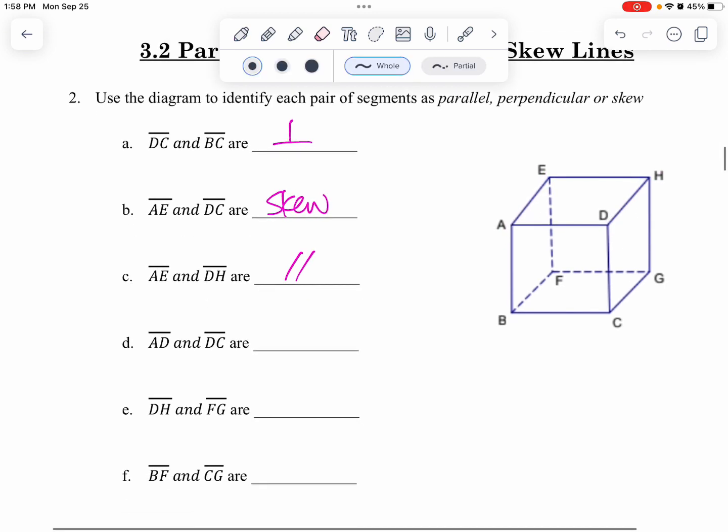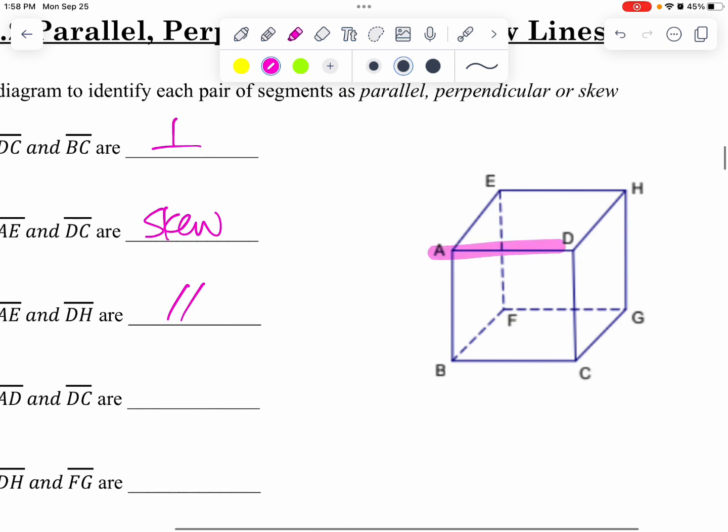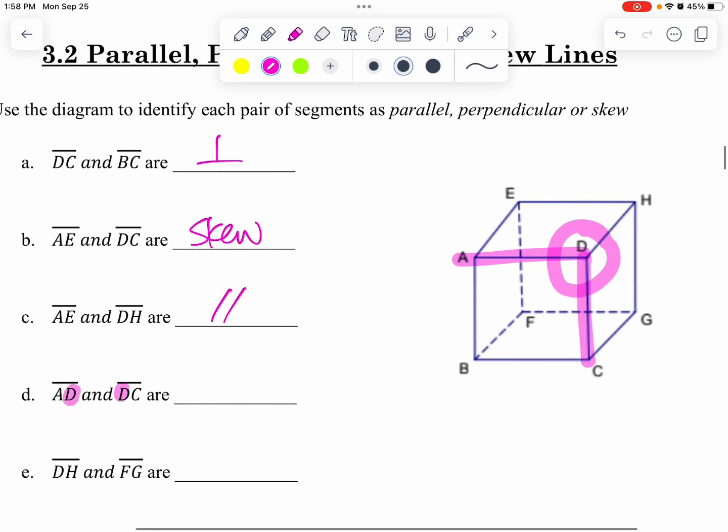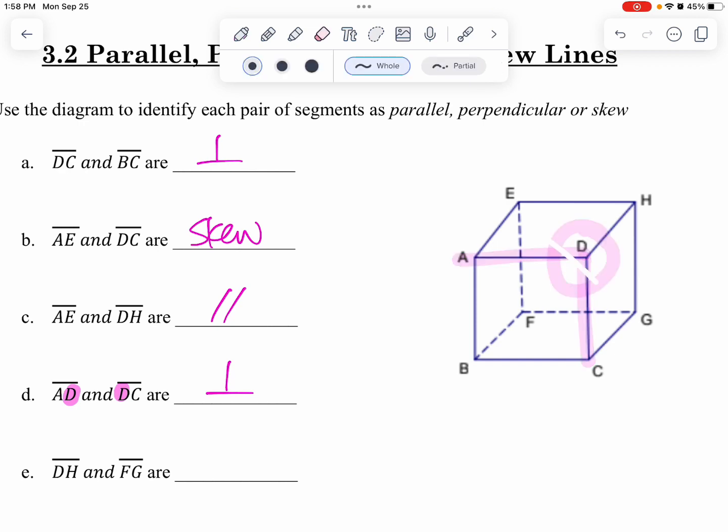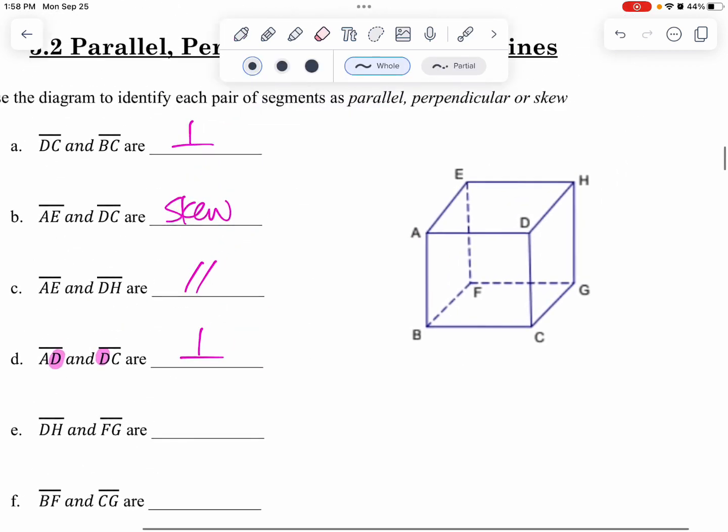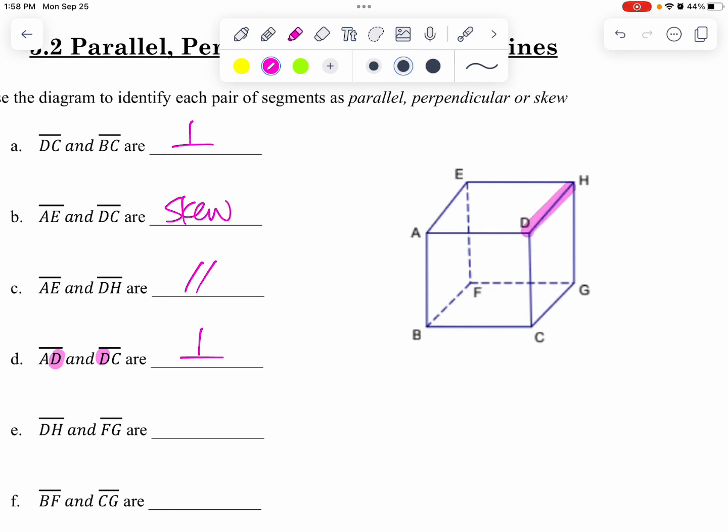A couple left, AD and DC. Here's AD, here's DC. Hint, if they share a letter, see how they both have D in them? That means that they're probably going to be perpendicular because they meet in a corner of a room, which is a right angle. DH and FG, let's figure out where those are. Here's DH, here's FG.